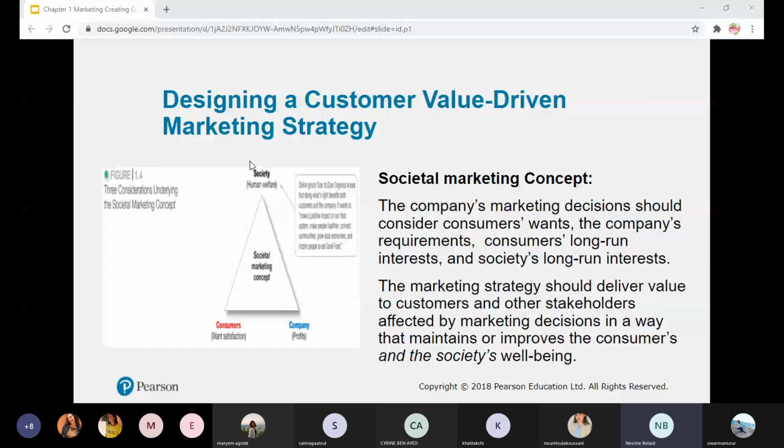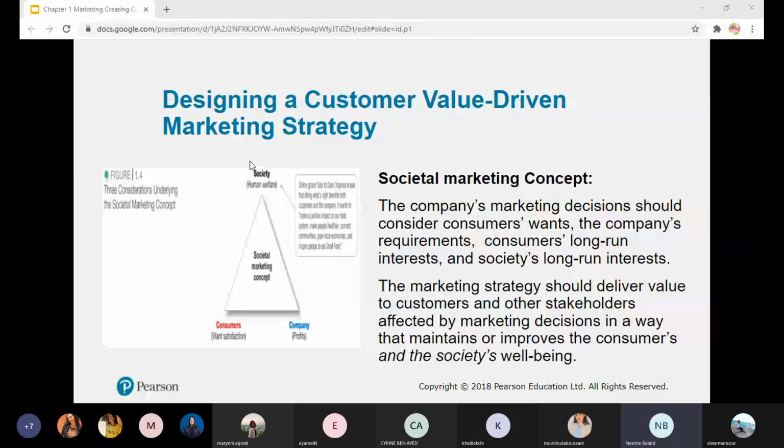So here the societal marketing concept questions whether the pure marketing concept overlooks possible conflict between consumer short-run wants and consumer long-run welfare. The societal marketing concept holds that marketing strategy should deliver value to customers in a way that maintains or improves both the consumers' and society's well-being.